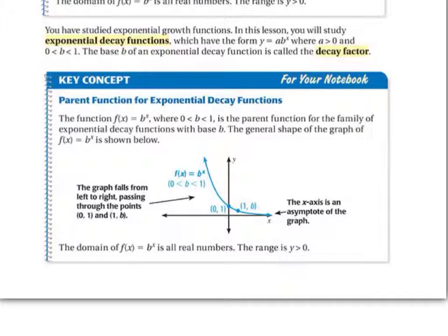So the base b of exponential decay is called the decay factor. The parent function is still b to the x, but again, b is between 0 and 1. And notice how instead of getting bigger as you move left to right, it gets smaller, but it still approaches 0. So the horizontal asymptote for both of these is y equals 0.